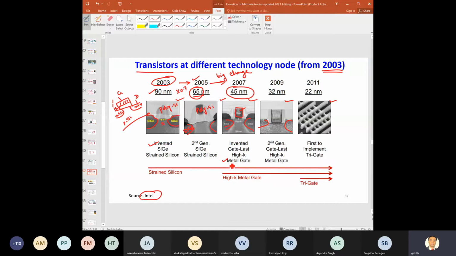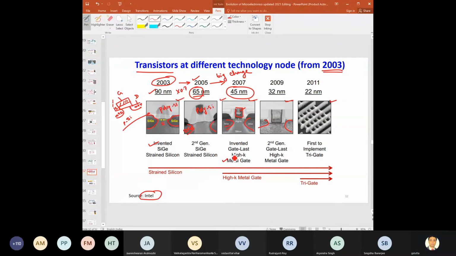You remember when we discussed the MOSFET two or three slides back, we said that when the MOSFET was invented in the earlier days, people used metal gates, right? Then they had some issue, they shifted to polysilicon, but in 2007 the metal gate was reintroduced. Why? We will see that in the next two slides, right?